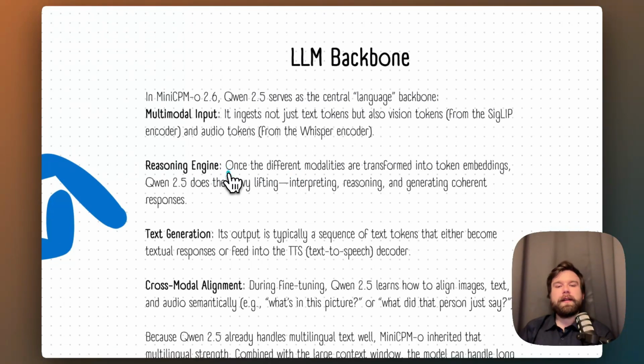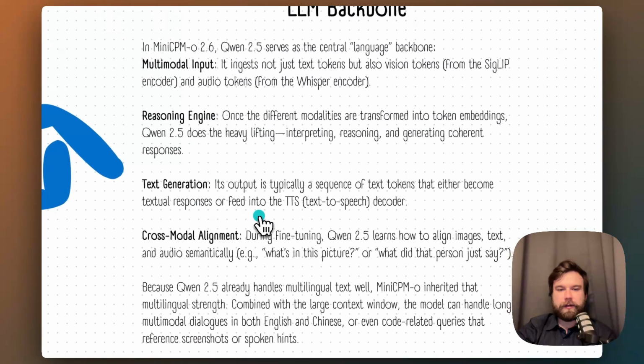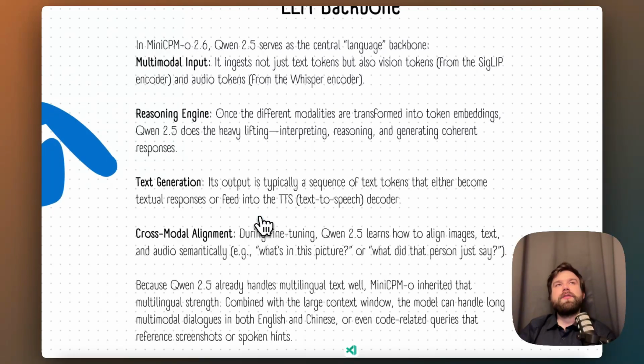So once it accepts the encoded representation, it is able to reason over them and answer questions and produce output. And it is also responsible for the text generation. So it either generates text in a straightforward way, or it generates special tokens that are later fed to the text-to-speech engine.